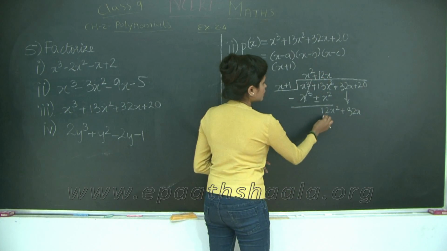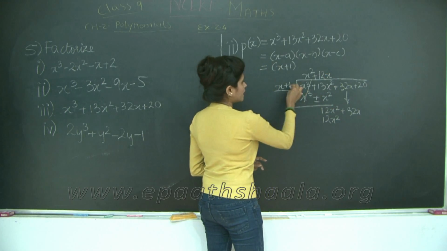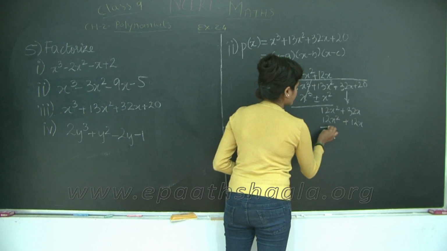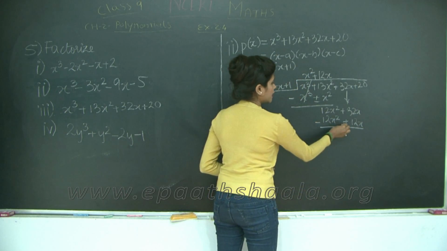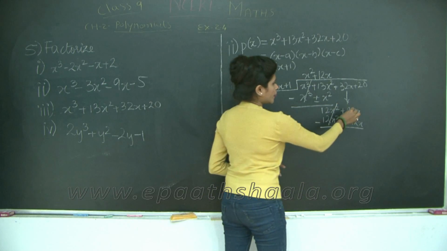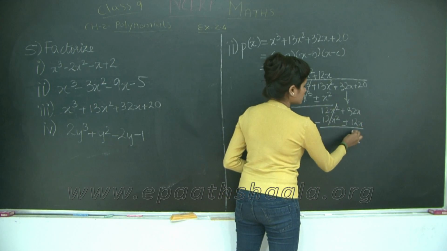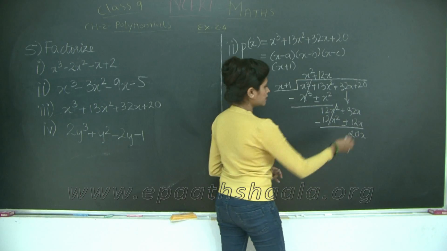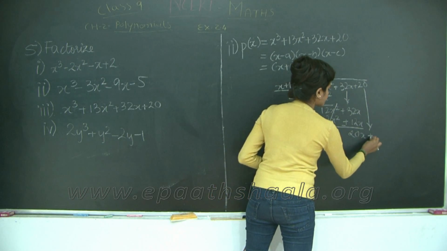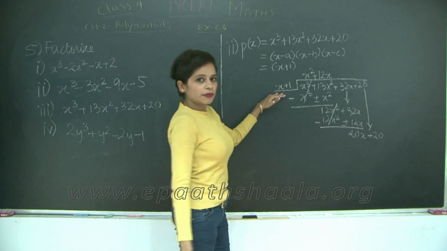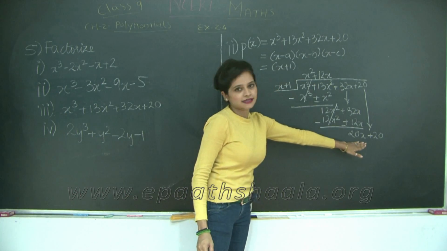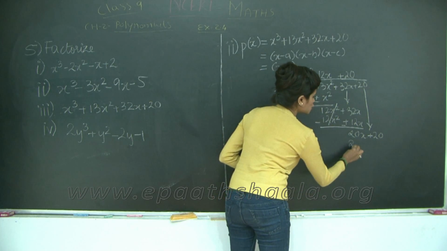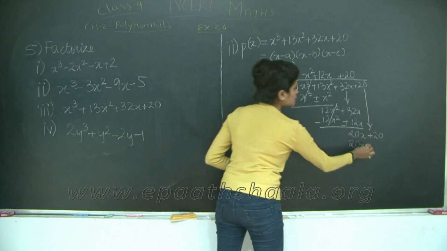So this gives me 12x square, and 12x into 1 gives me 12x. Negative, negative cancels out, 32 minus 12 gives me 20x. Now I bring down my 20. x plus 1 into what will give me 20x as the first term? Clearly it is 20. So 20x, and 20 into 1 gives me 20.